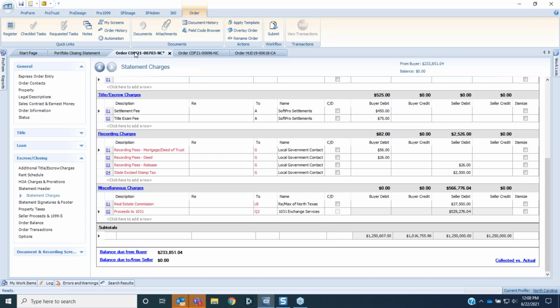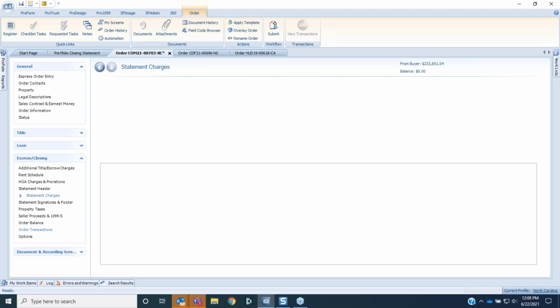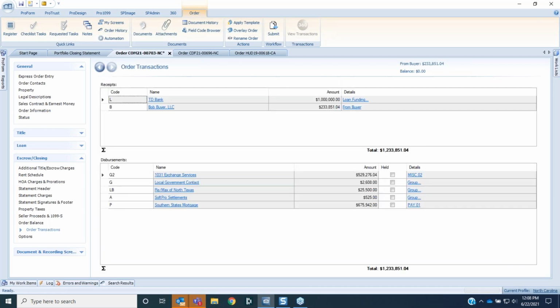I also want to receive funds from a QI. My order transaction screen allows me to see all the transactions that I have going on my document and what my register is going to look like. I can see that I'm paying out all my seller funds to a QI. My seller is not receiving any funds, but it looks like my buyer has to bring me funds.